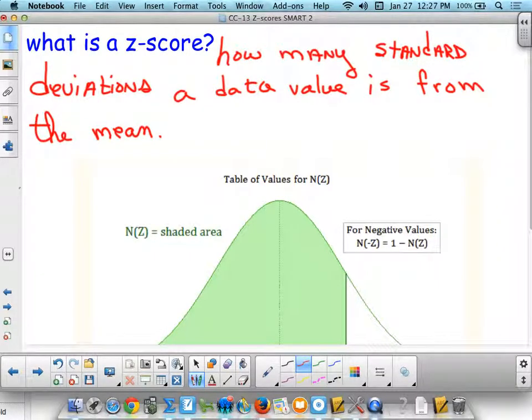So, basically, a z-score is a number. It tells you how many standard deviations a data value is from the mean.